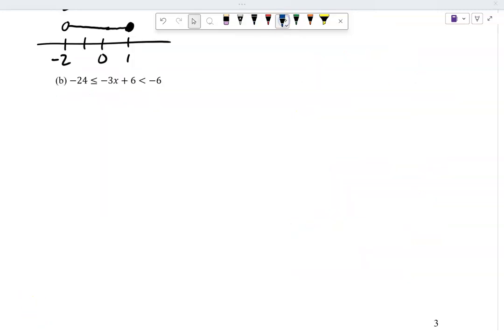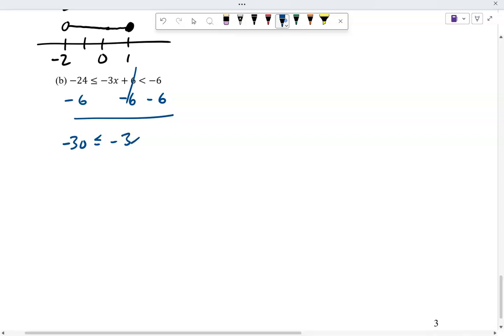All right, this next one you got to be a little careful with. Notice that we'll subtract 6 first. And then notice we're dividing by a negative. And so we got to flip all these inequalities. So that'll go the other way now. But now notice my 10 is on the left, my 4 is on the right.